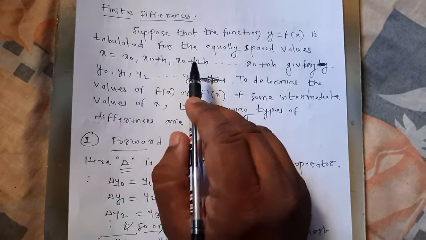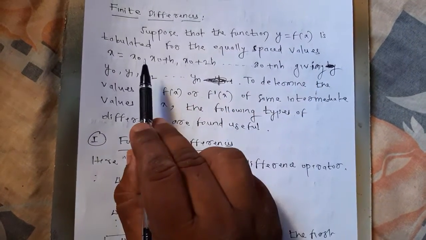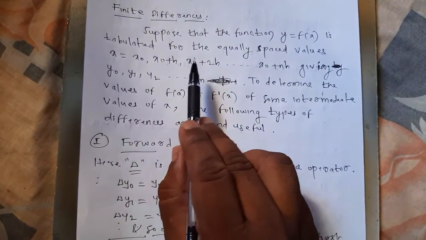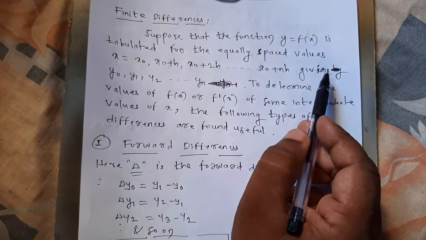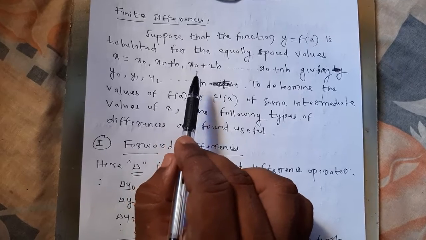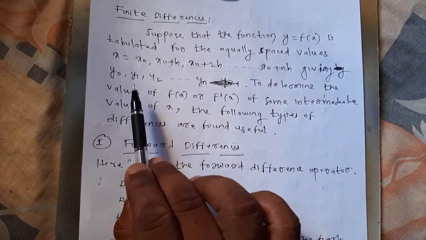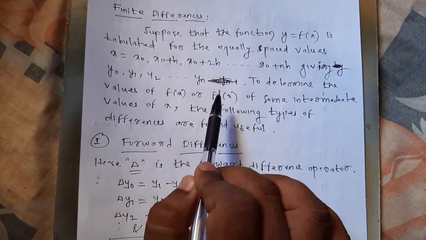Suppose that the function y equal to f of x is tabulated for the equally spaced values x equal to x naught, x naught plus h, and so on up to x naught plus n into h, giving y naught, y1, y2 and so on up to yn.